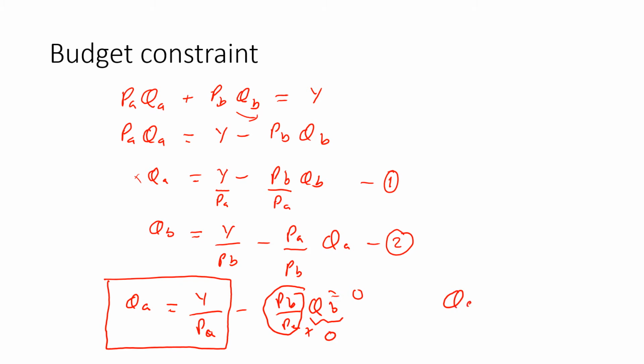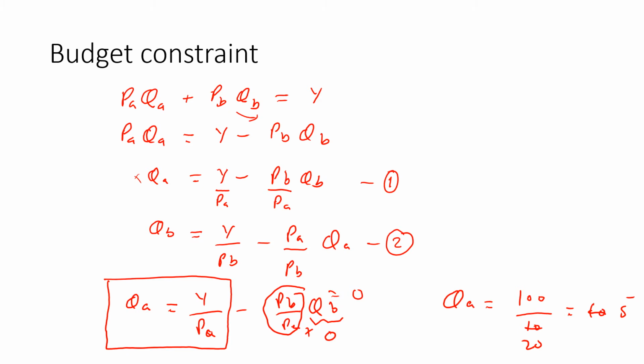Let me simplify this. How much QA can we consume if we have 100 rupees, whereas the price of A is 10? How many apples can we consume if we have a budget of 100 rupees and the price of one apple is 10? So 100 divided by 10 is equal to 10. We are able to consume 10 apples. What if the price of apple increases? Let's say instead of 10 it's 20, then we will be able to consume only 5 apples.